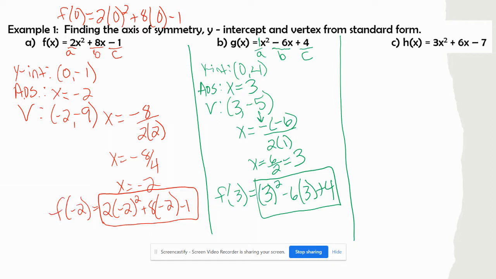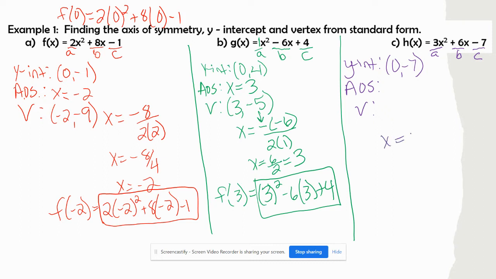And this last one, our a value is 3, b value is 6, c value is negative 7. That makes our y-intercept 0, negative 7. Axis of symmetry and vertex.